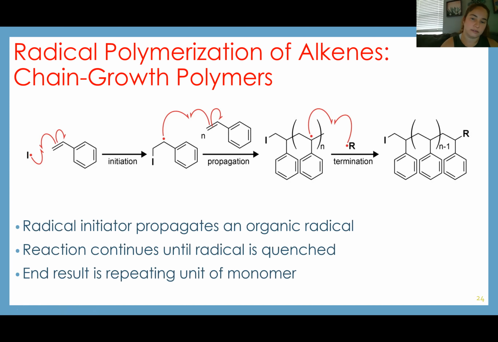So for example, like in this one with the styrene, when the reaction happens with the initiator, you're going to have to create a radical here. It's an anti-Markovnikov type of reaction. So the halogen gets added to the end, and the most stable radical is formed.